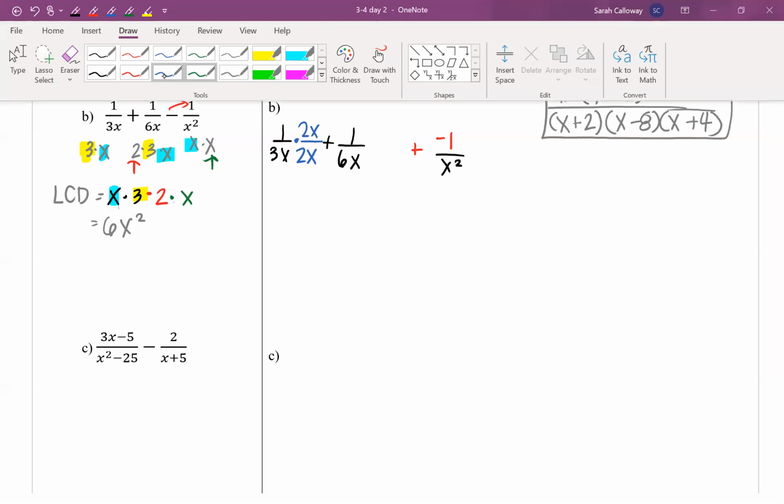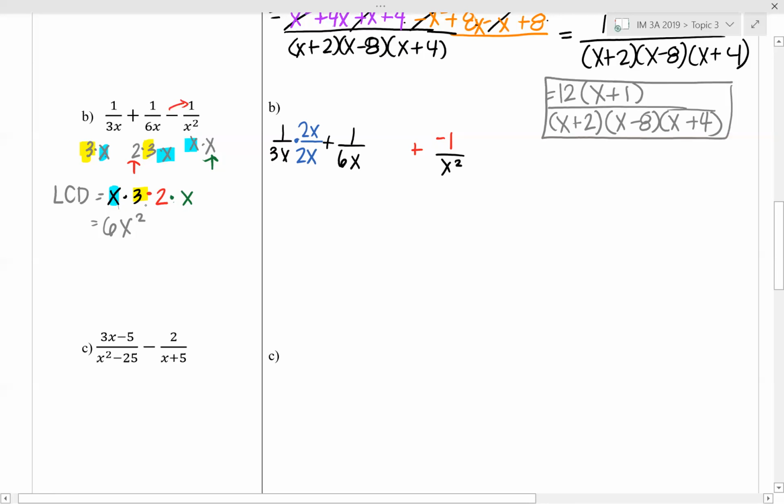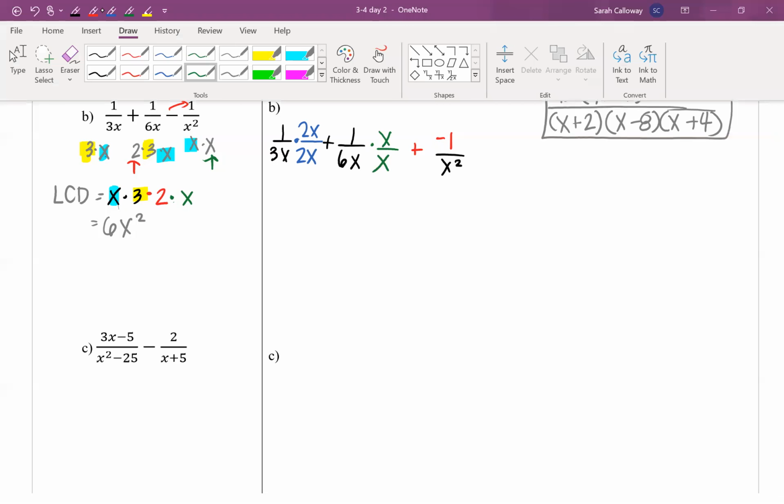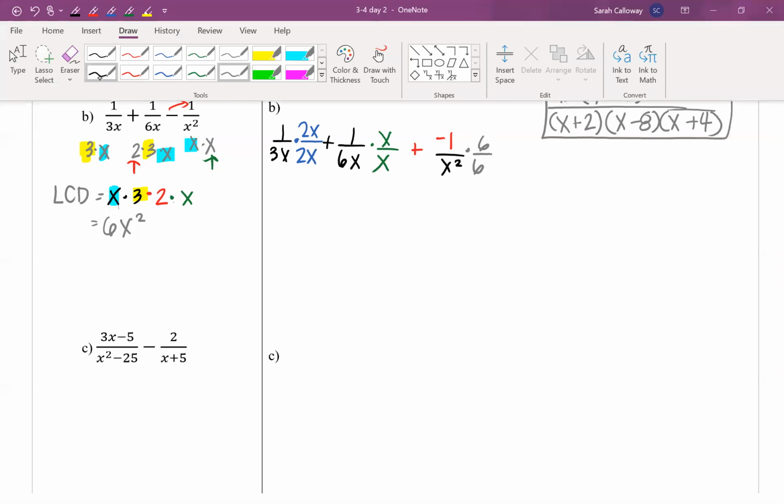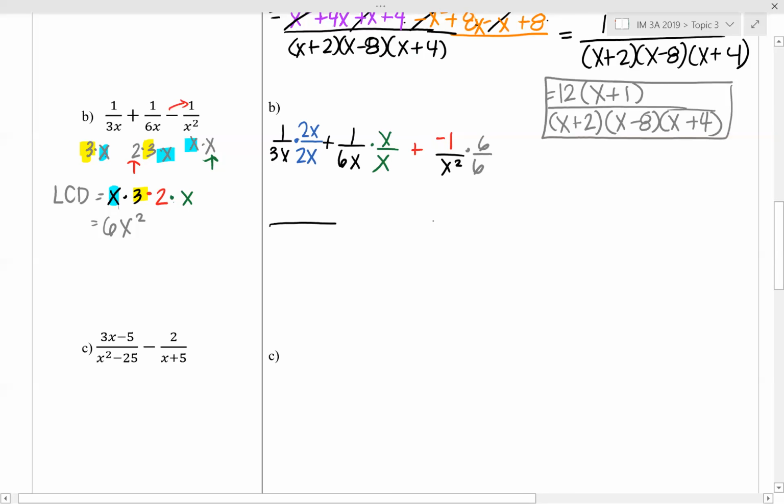Similarly, for the second fraction, I already have 6 and x, and so that means that I just need another x to create x squared. For the last one, I already have the x squared, so I just need to multiply by 6. So I'm multiplying each fraction by something different so that all of them have a denominator of 6x squared.